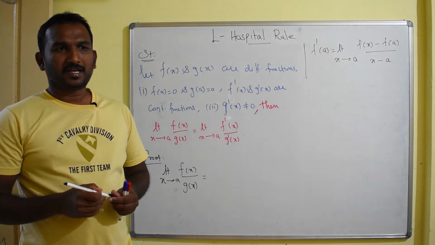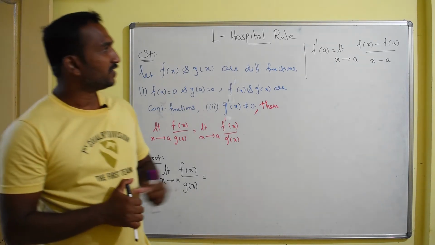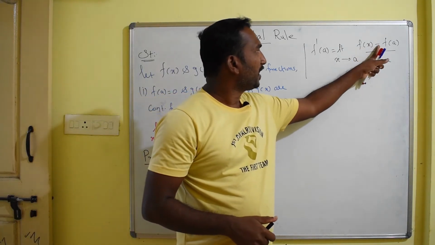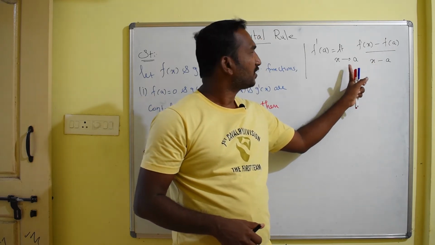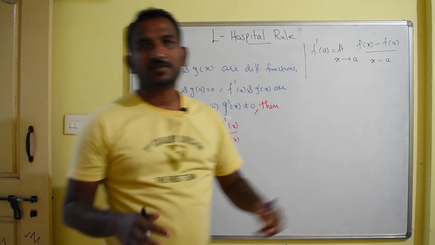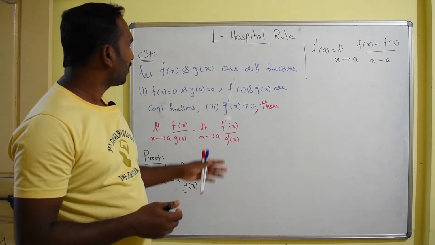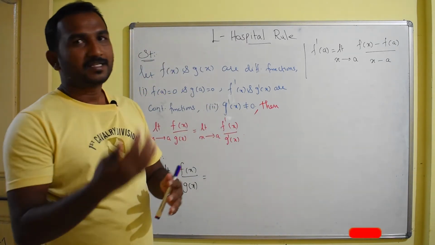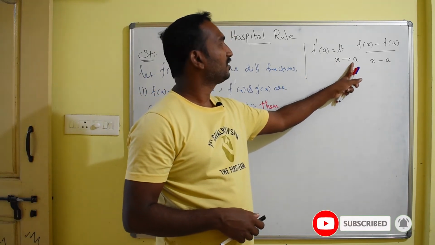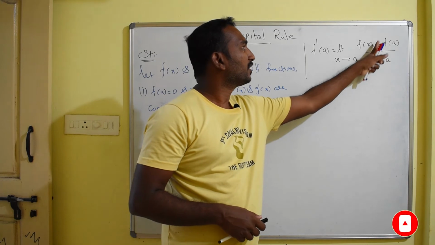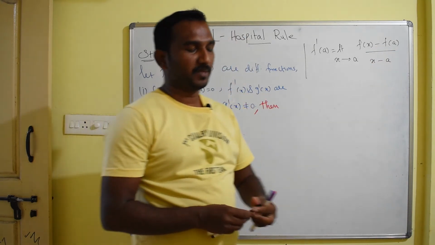So in most of the places we saw f of x minus f of h divided by x minus h, and x tends to h. This is what we discussed. But here in L'Hospital I have considered a instead of h, so that's the reason why I took x tends to a. So that will become automatically f of x minus f of a divided by x minus a.